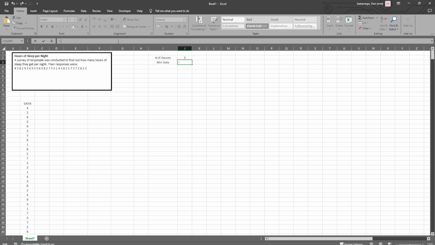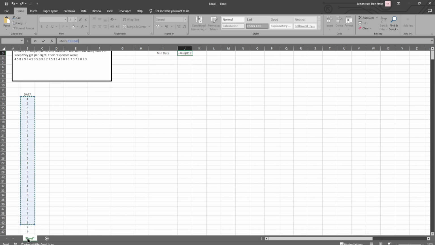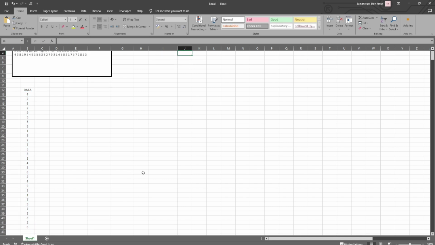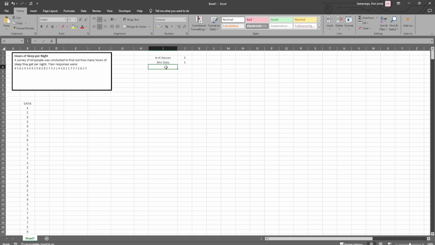For the minimum data, we only need to use the minimum function. And the same for the maximum data, using the maximum function.